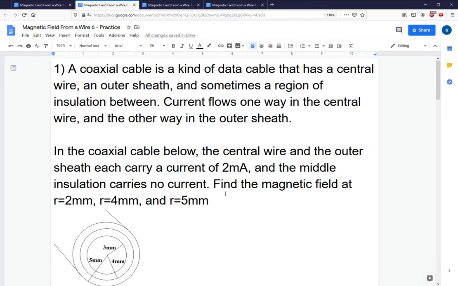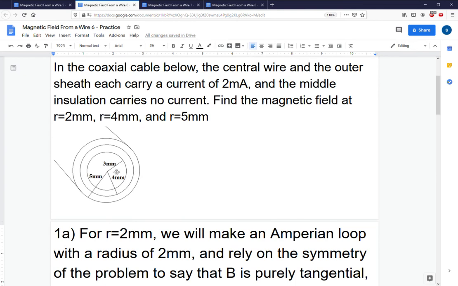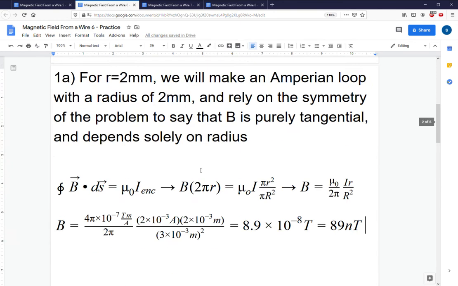Part B, what is the magnetic field at 4 millimeters? Well, looking at this diagram again, 4 millimeters is completely outside of the radius of the inner wire, and it's just before we start hitting the outer sheath, which means that our Amperian loop at 4 millimeters will encompass all of the current in the inner wire and none of the current of the outer wire.